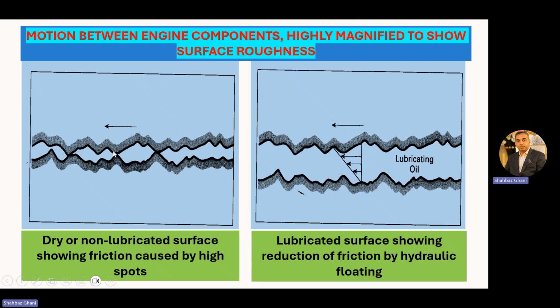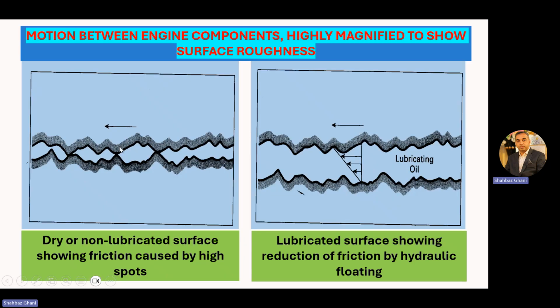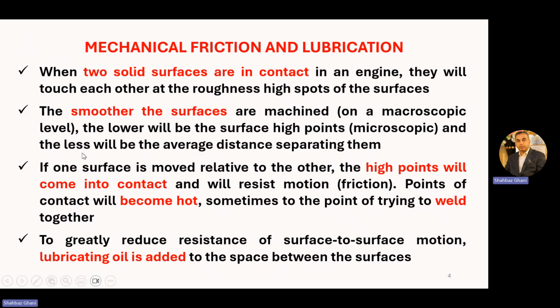In between they are mating, and these are the rough spots which are rubbing against each other, creating a rough friction force here. So the smoother the surfaces are machined on a microscopic level, the lower will be these surface high points, and the less will be the average distance separating them.